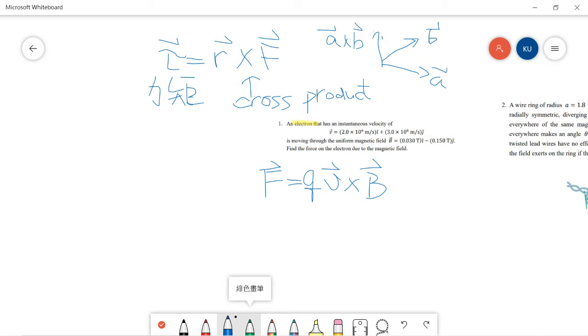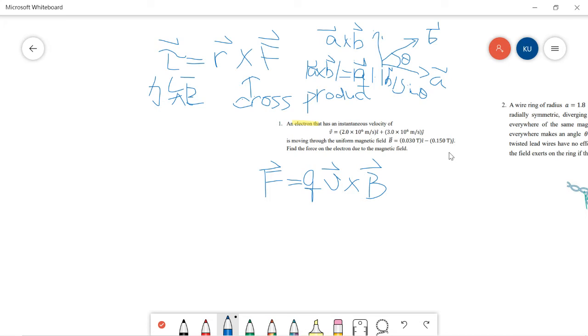And the amplitude of A cross B would be the amplitude of A times the amplitude of B times sine theta, which is the angle between these two vectors. But this time we know the two vectors in the Cartesian coordinate.